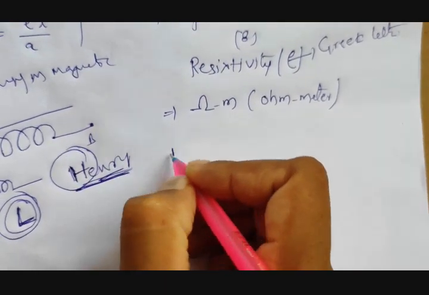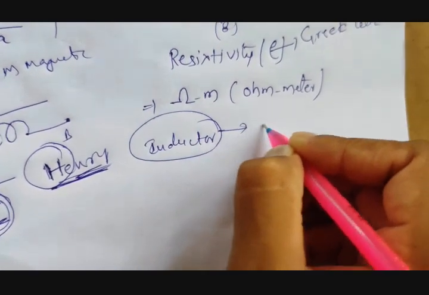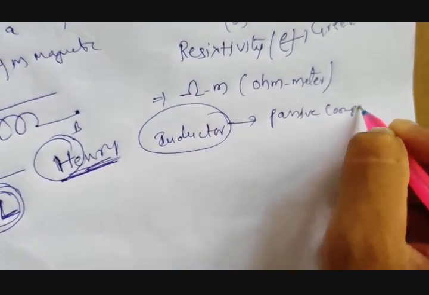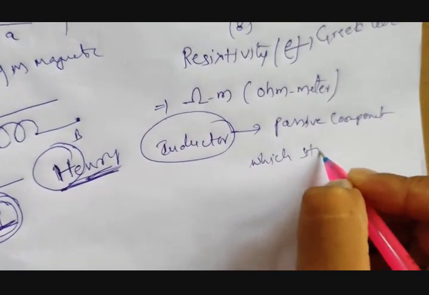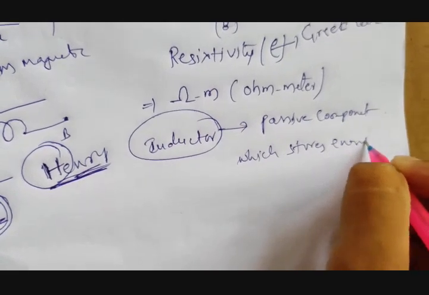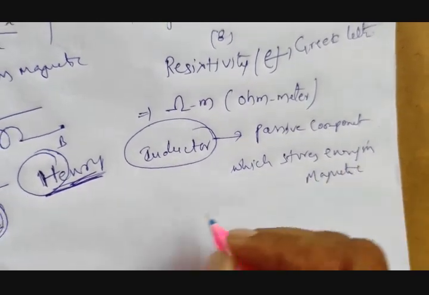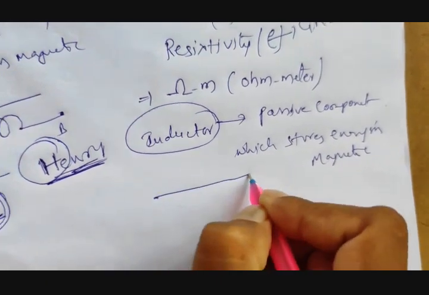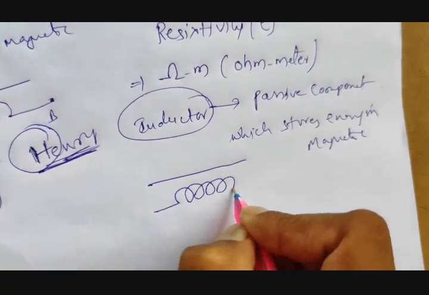Coming to the topic of inductor. An inductor is a passive component which stores energy in magnetic form. We can make an inductor by taking one conductor and winding it into coils.